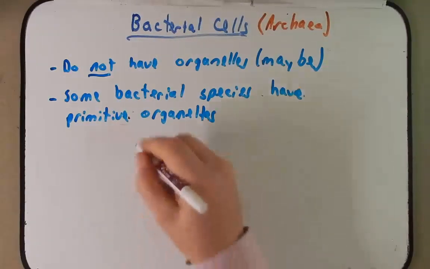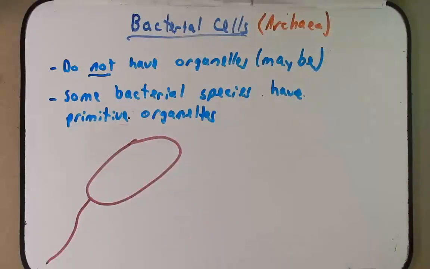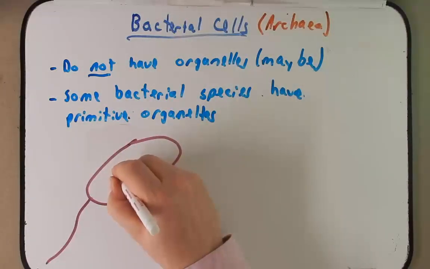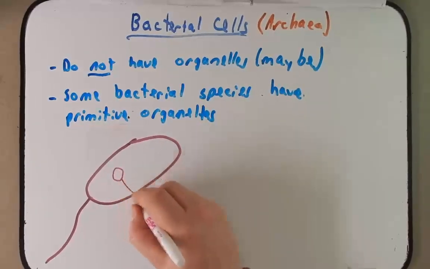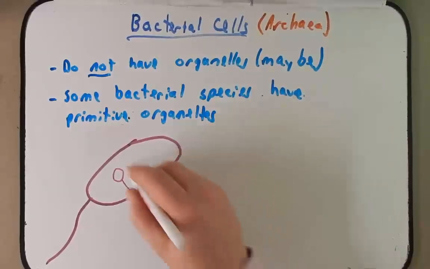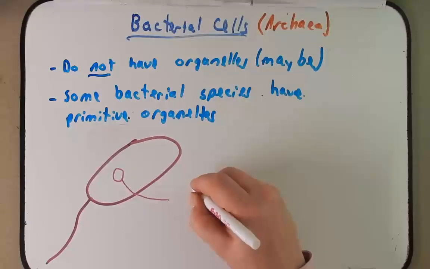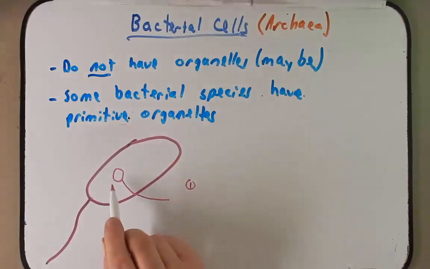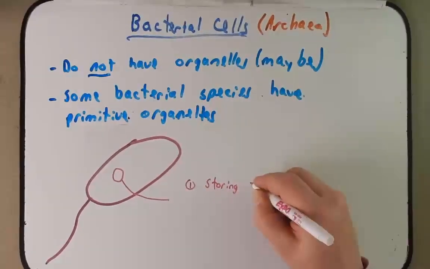So if we were to draw our bacterial cell again, like so, what we are discovering are some small membrane-bound organelles in some bacterial species that will contain enzymes within the membrane bound, and they will have very specific tasks. Some of these tasks that these primitive organelles have in some bacterial species include storing calcium.